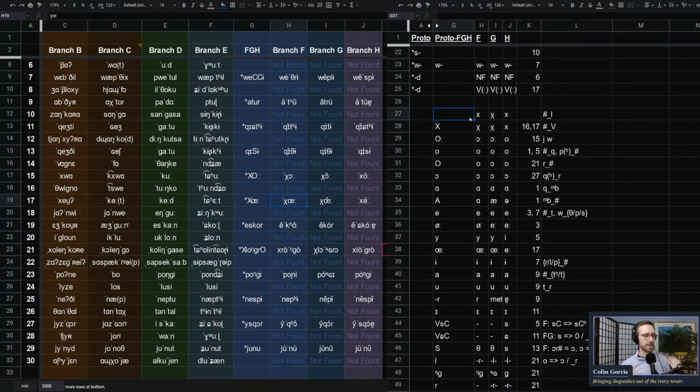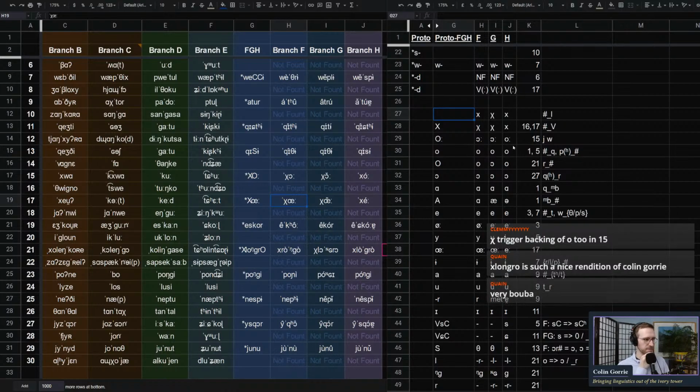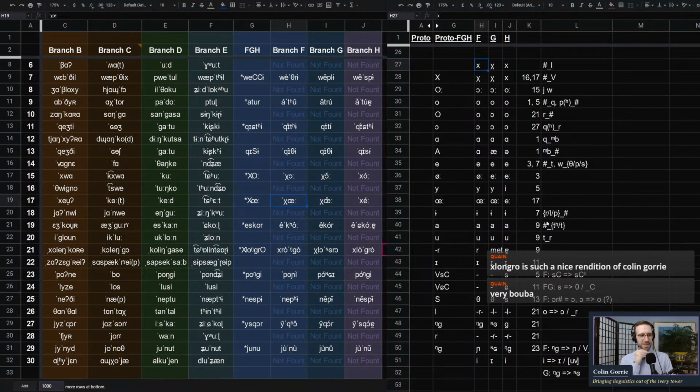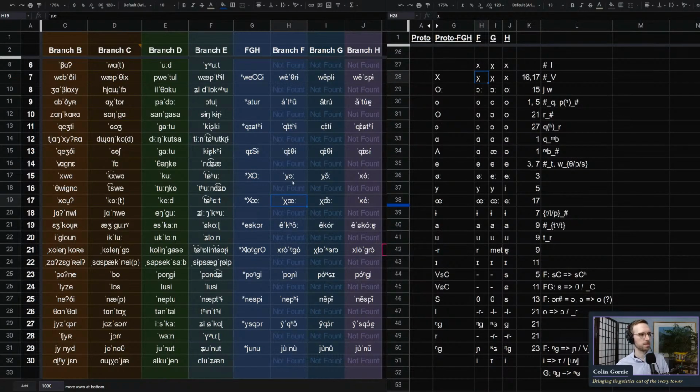So maybe, yeah, I'm torn, because if we're backing in G, we should also back this velar in G, but then why does it also back in F? That's something I can't totally explain yet.